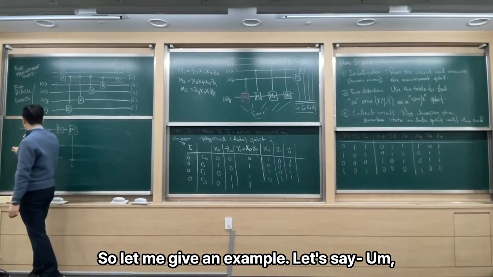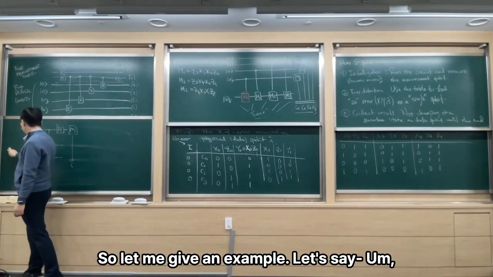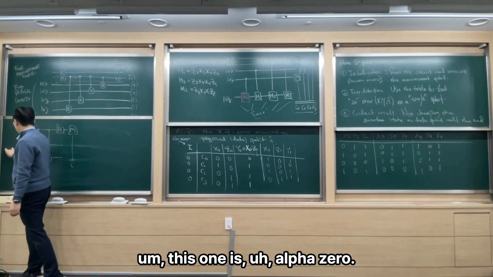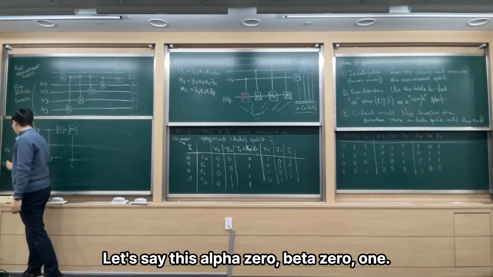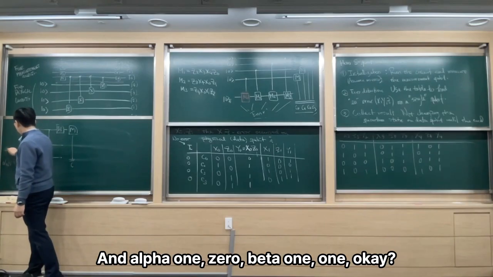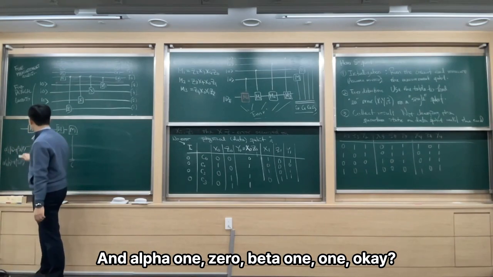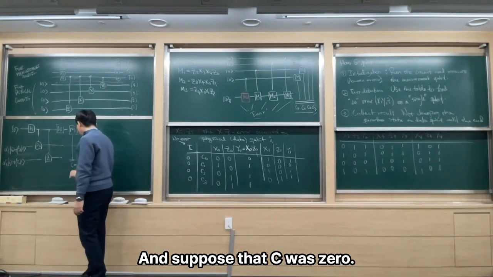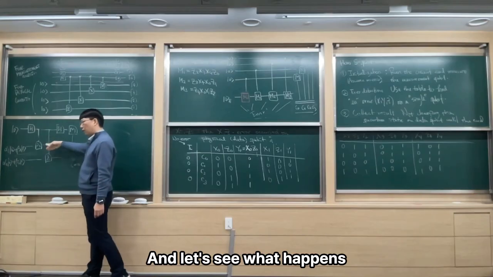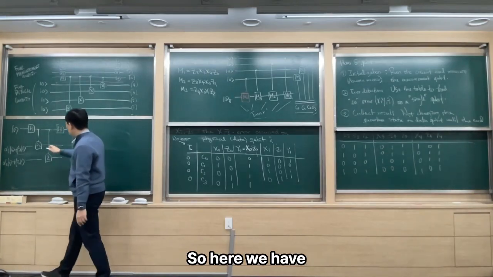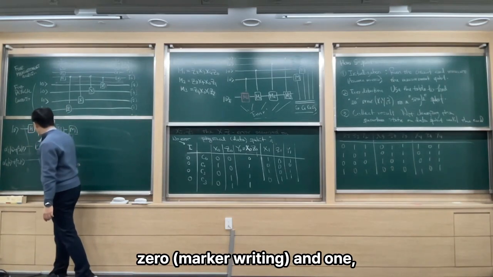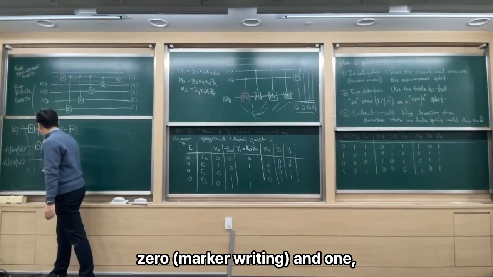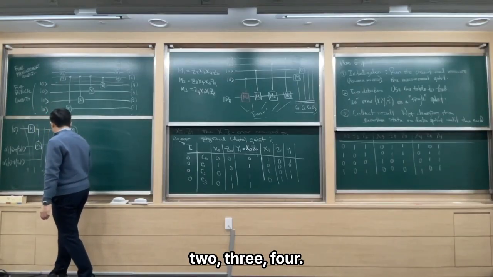Let me give an example. Let's say this one is alpha 0, this alpha 0, beta 0, 1, and alpha 1, 0, beta 1, 1. Okay. Then initialize 0 here, and suppose that C was 0. Let's see what happens on the 2 data qubits here. So here we have 0 and 1, 2, 3, 4.